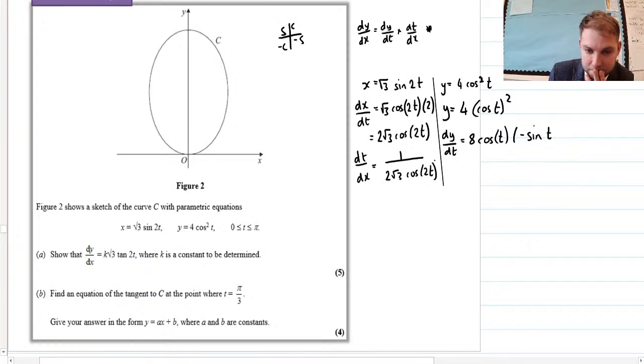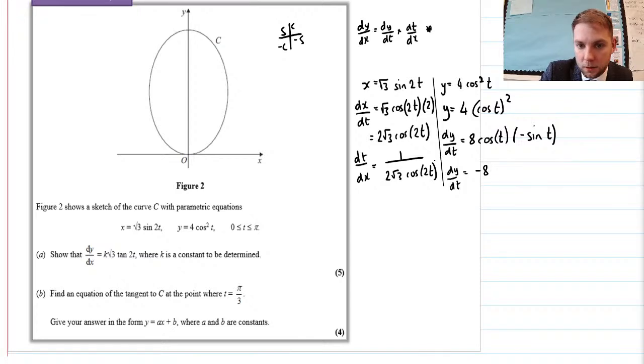So dy by dt is equal to minus 8 cos of t sine of t.